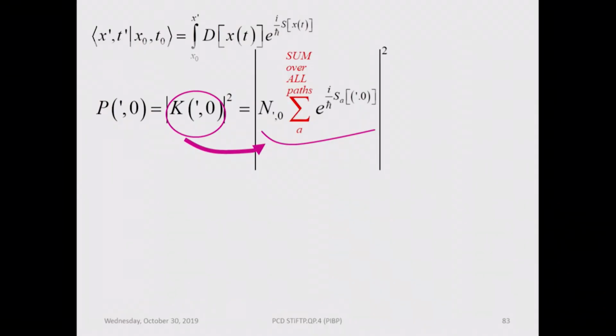So, this is the Feynman path, and now there are infinite paths.